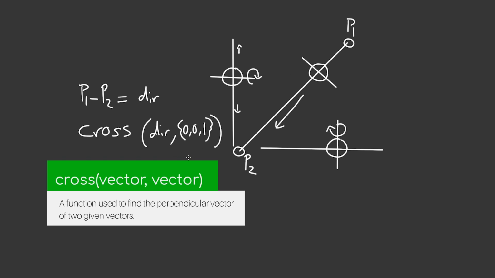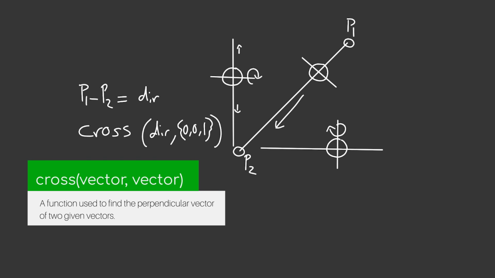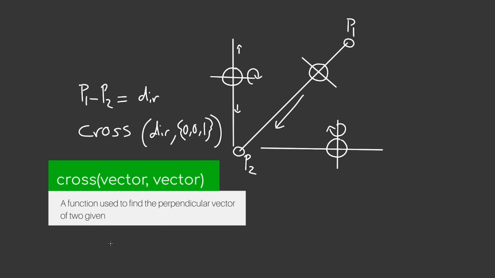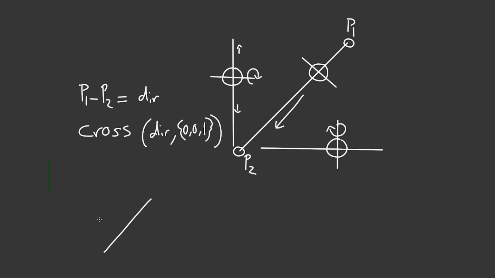Crossing is extremely useful, and once again, it's one of those mathematical things that I'm probably not explaining as well as I should. So let's say you have the z-axis and the x-axis. If you cross these two, you end up with the y-axis. You just end up with the perpendicular axis. And so it's very useful for things like this. So that's what we're going to be using, and that will give us this direction over here, which we need for our sphere to roll.